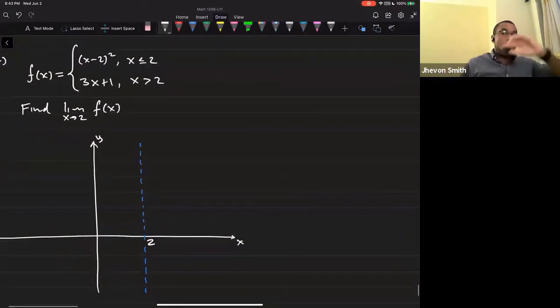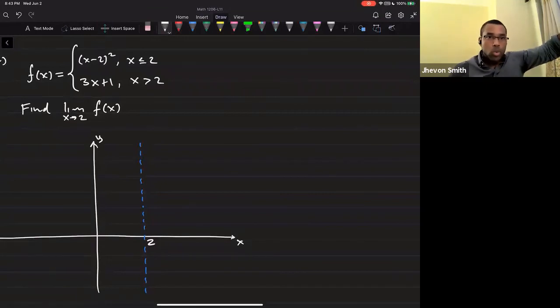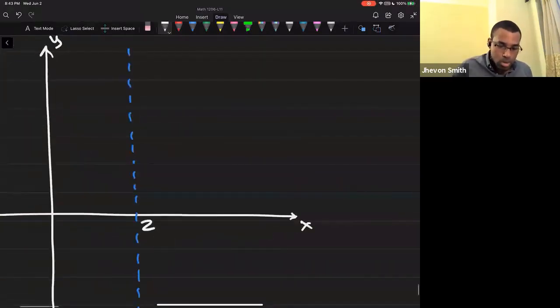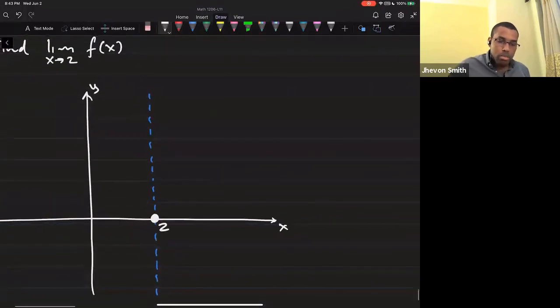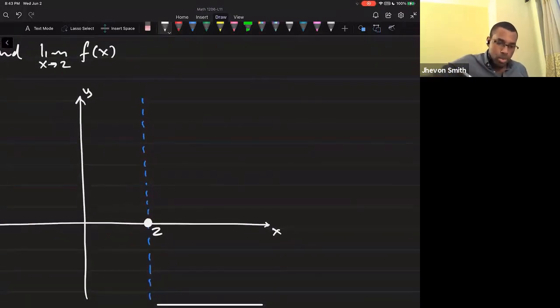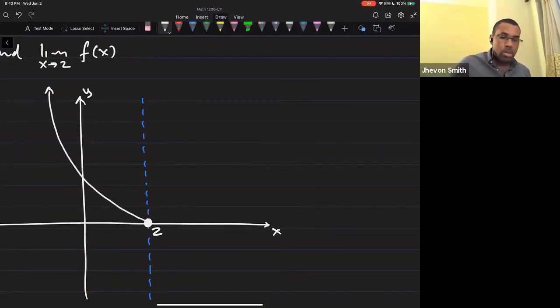On the left side, we have this quadratic, x minus 2 squared. At 2, if x is equal to 2, that output is 0. So it's going to be like this, and then it's going to move like a parabola, like that.